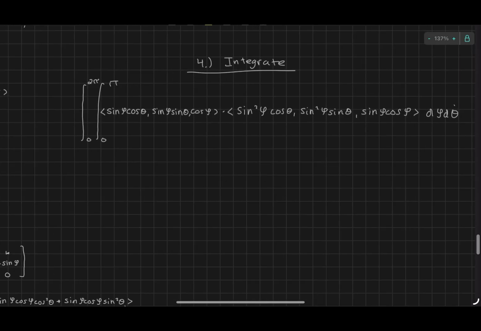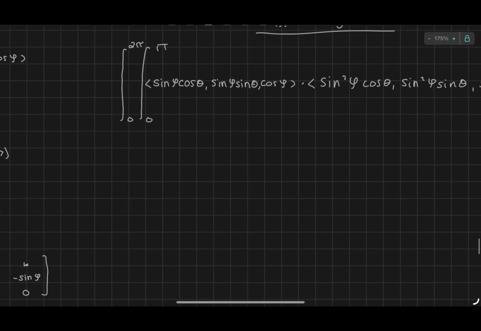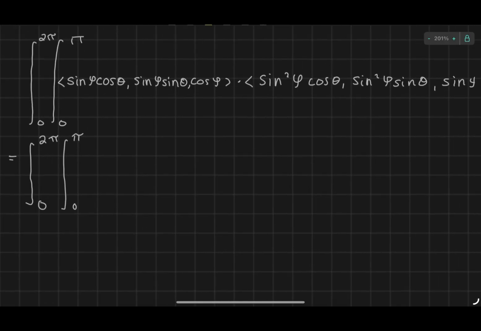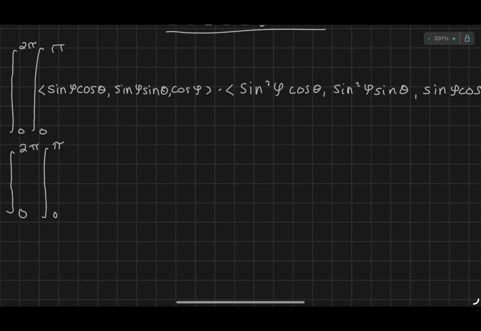Okay, so setting it up, we might as well just go ahead and simplify this. We could sure try. All right, we have sine phi cosine theta times sine squared phi cosine theta. So it looks like we are going to have sine cubed of phi times cosine squared of theta. That is our first term.